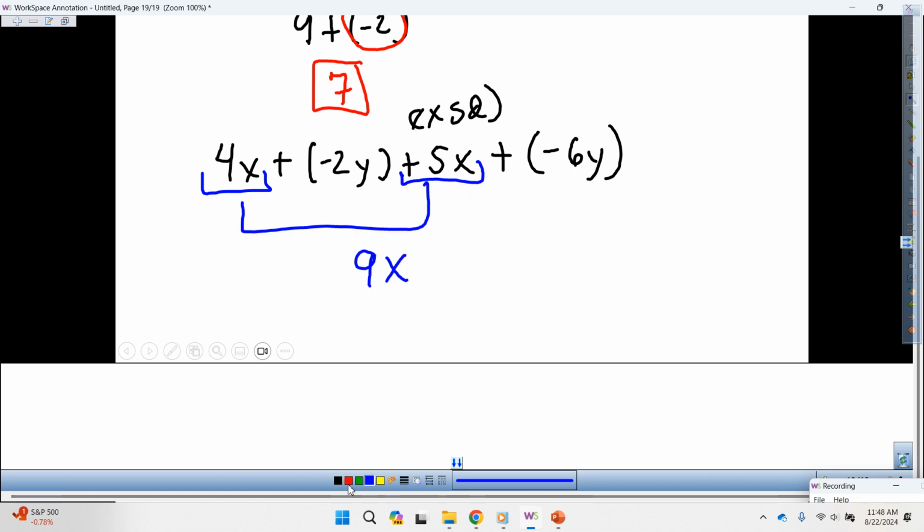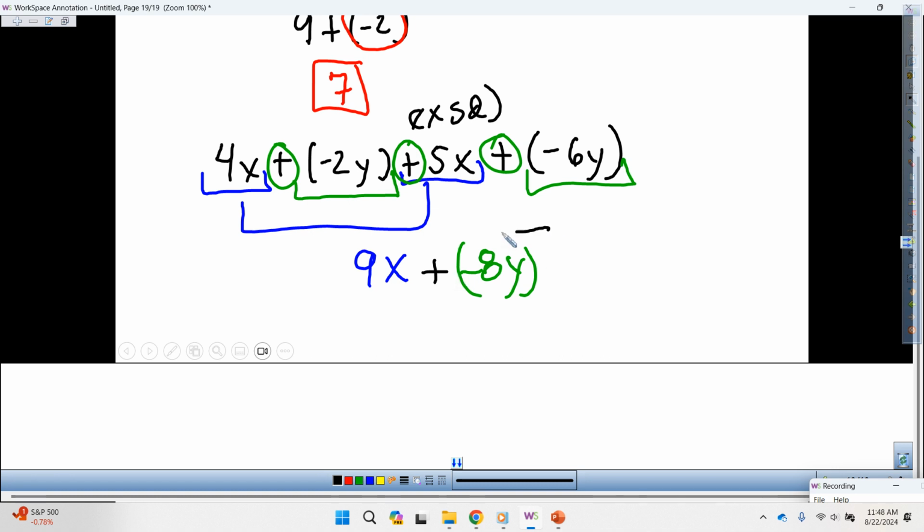Write that down. Next, combine all the y's. Negative 2y and negative 6y is negative 8y. And what's in between everything? Addition. So make sure you put a plus sign between those two. Since x is not the same as y, we can't do anything else, and we are done.